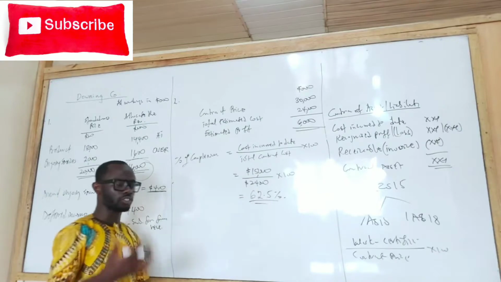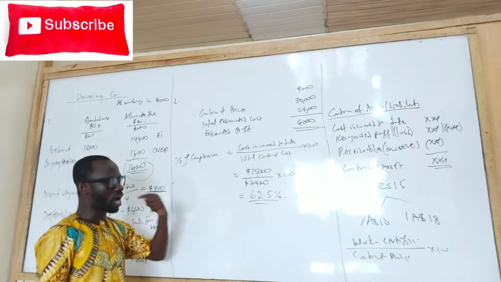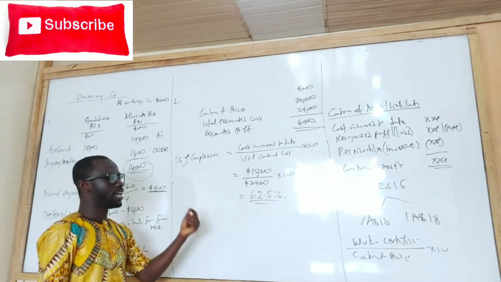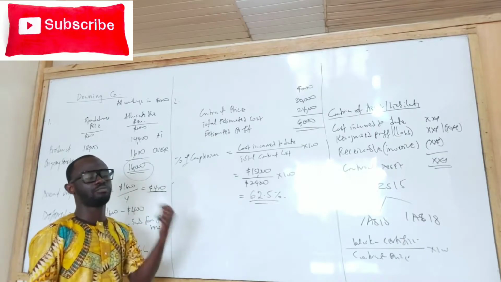Now follow me closely. Once you calculate your percentage of completion, that is what you will use to allocate revenue. That is what you will use to allocate profit.